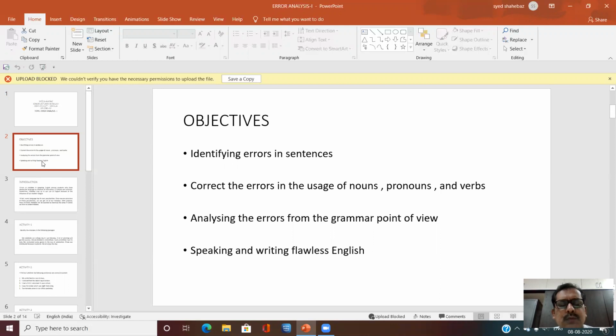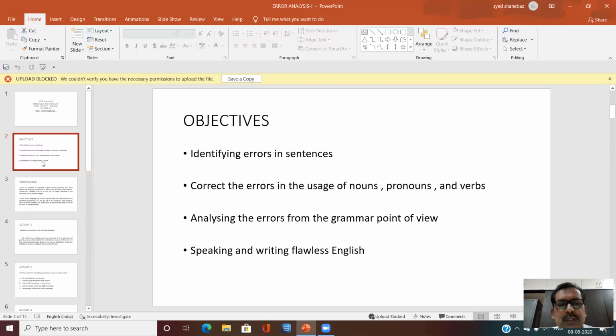Then the second objective is to correct the errors in the usage of nouns, pronouns, and verbs. So, in this lecture, we are going to focus on the mistakes we make in the use of nouns, pronouns, and verbs. Let us confine to these areas so that we can analyze the mistakes in detail.